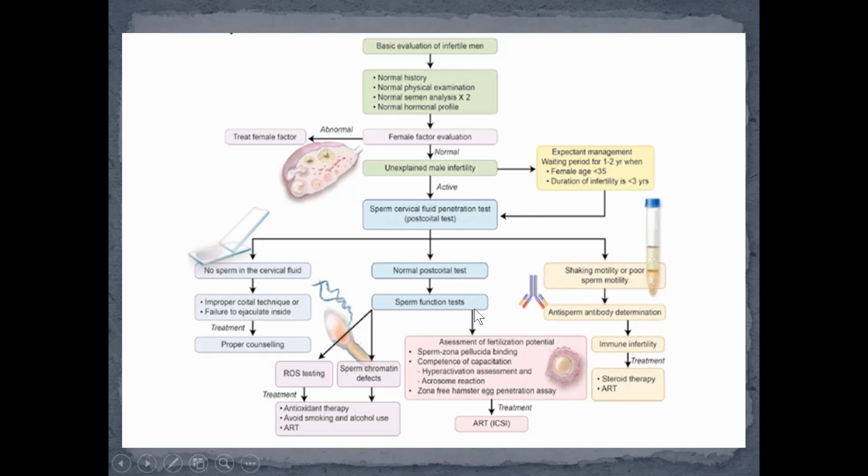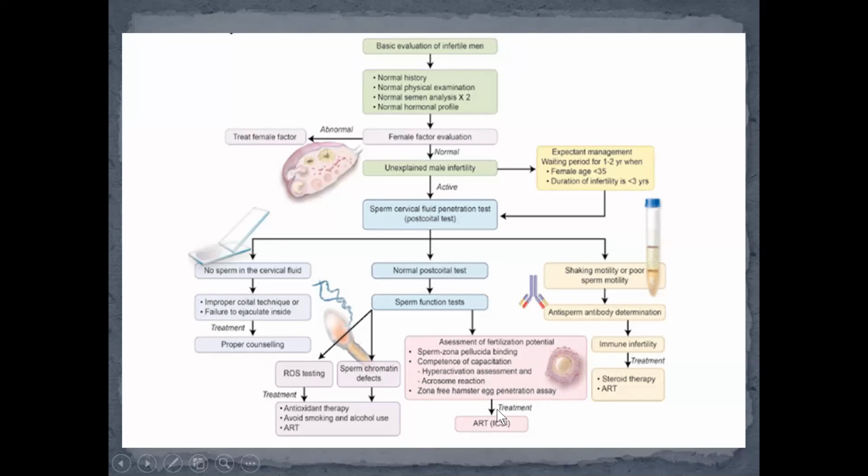If the sperm function test is low, what do we do? We make the assessment of fertilization potential: sperm zona pellucida binding, completeness of capacitation, hyperactivation assessment and acrosomal reaction, and zona-free hamster egg penetration assay.